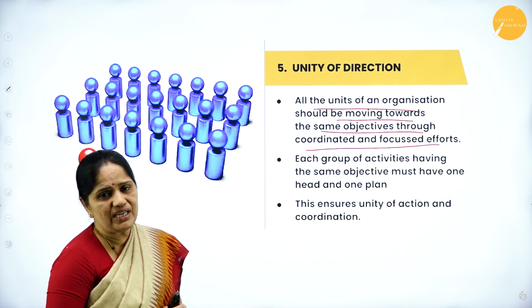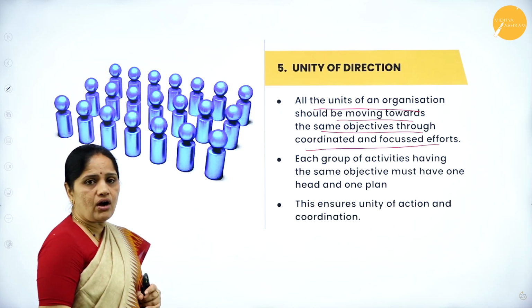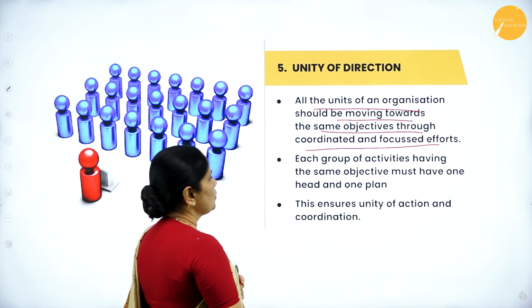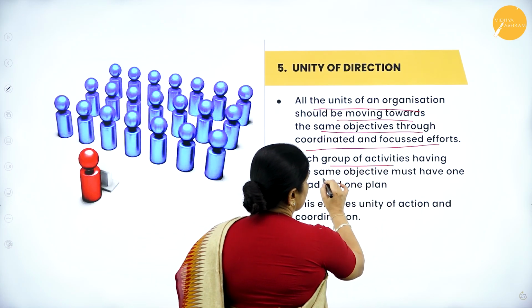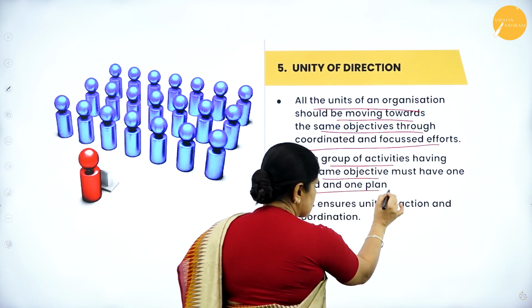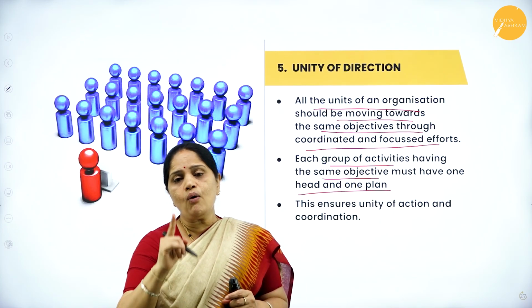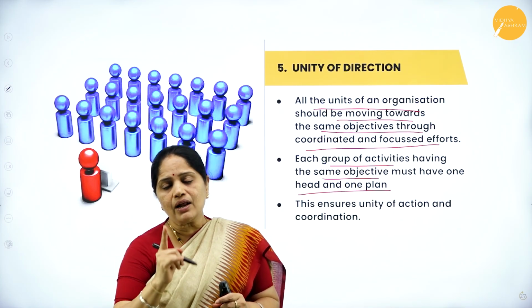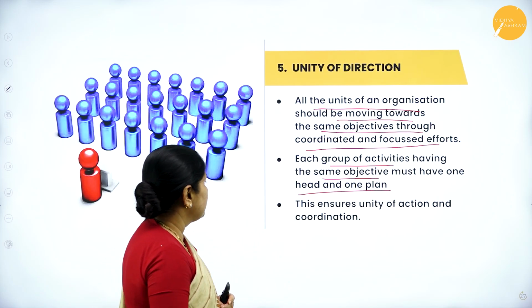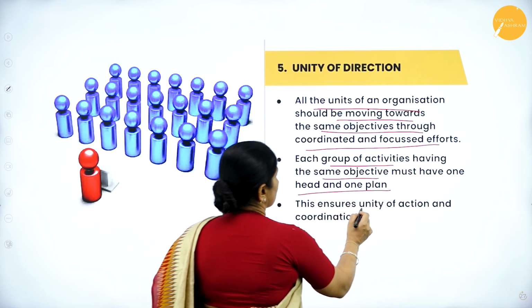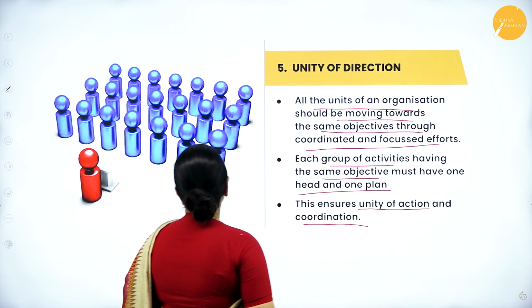That is why we say that there should be unity of direction. Each group of activities having the same objective must have one head, one plan. When we have one head, one plan, we can have unity of direction. This ensures unity of action and coordination.